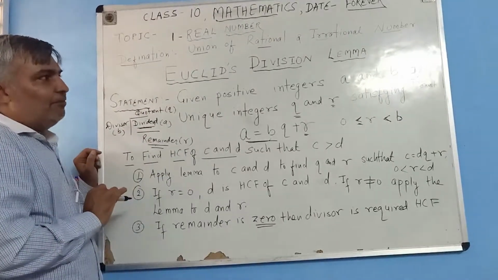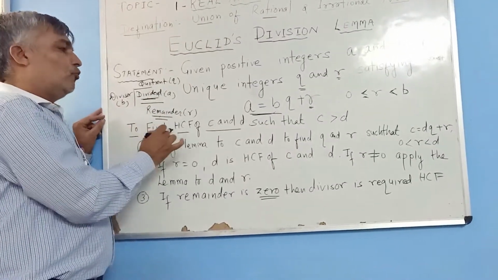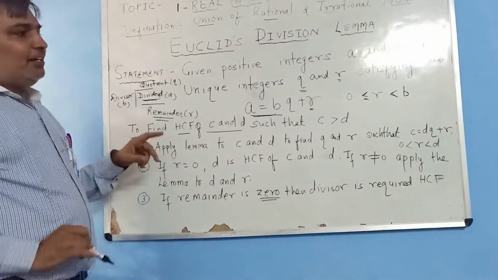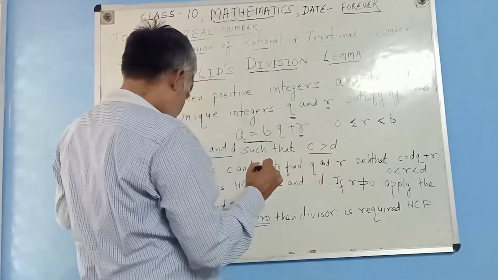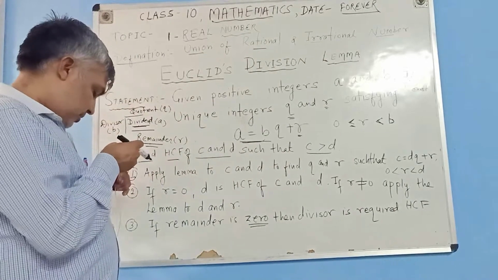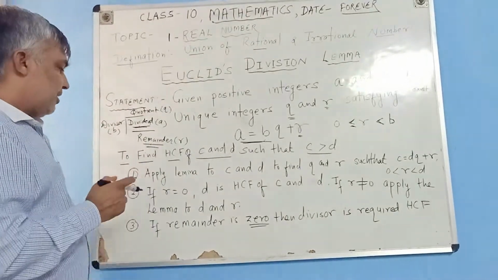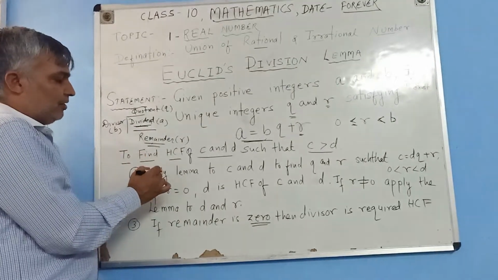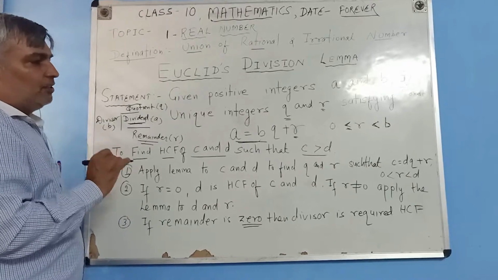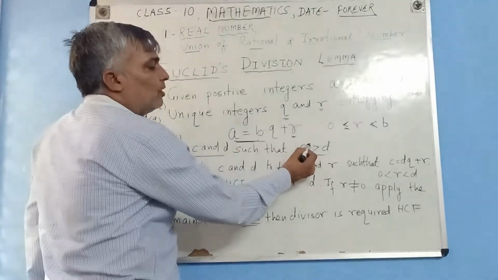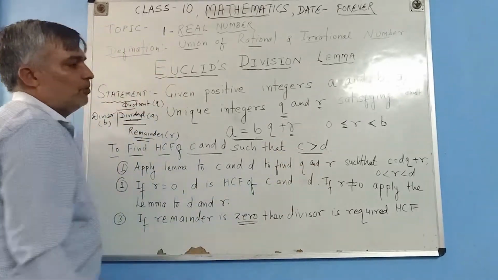Now we use this lemma to find the HCF of C and D, such that C is greater than D. There is a set pattern to find the HCF of any two given numbers C and D, where C is greater than D. If D is greater than C, then the process will be the same.